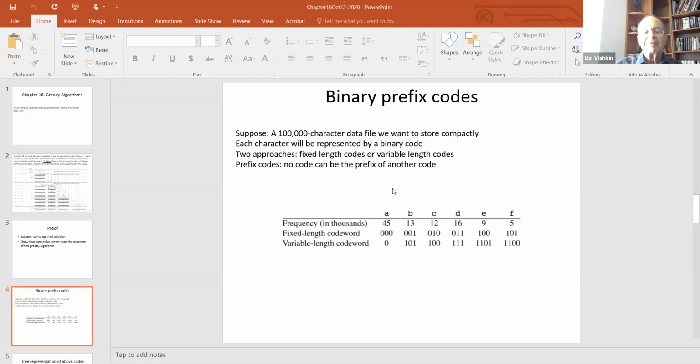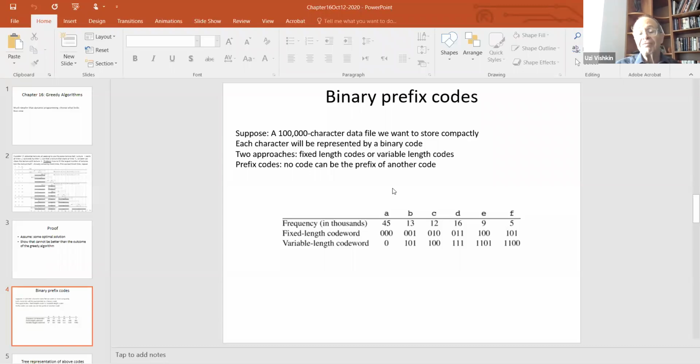And we are allowed to use a binary code to represent each letter, and the question is how to best represent them.